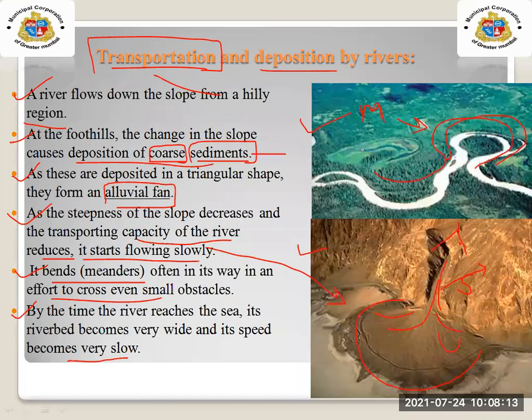So this was what we have learned about the alluvial fan, about the sediments and meanders.